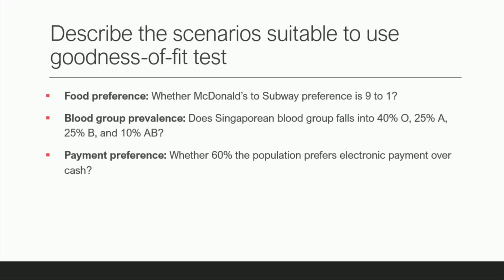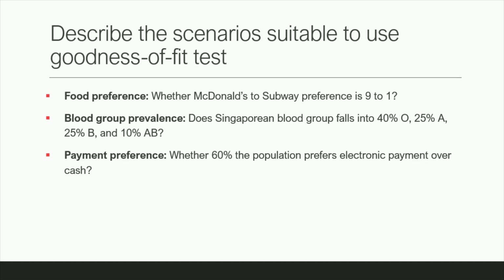So those are the common scenarios in science that we use chi-square test for. In fact, it is commonly used. For example, in food preference, whether McDonald's to Subway preference is 9-1. That is 90% of students prefer McDonald's while 10% prefer Subway.